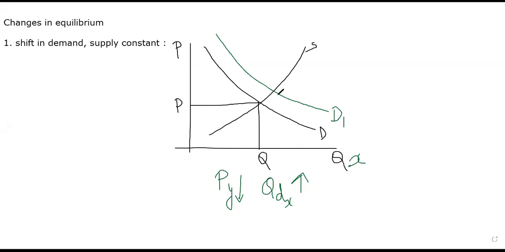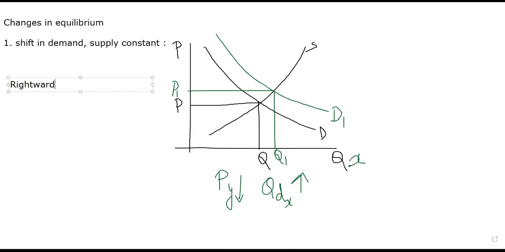This causes the price of the commodity to increase and equilibrium quantity also to increase. Supply is remaining constant here. There is no change in supply. Rightward shifting of the demand curve. I'll write that. First case, shift in demand, supply is constant.